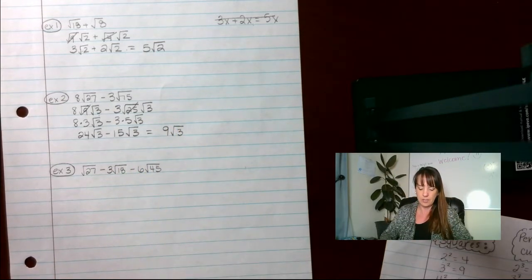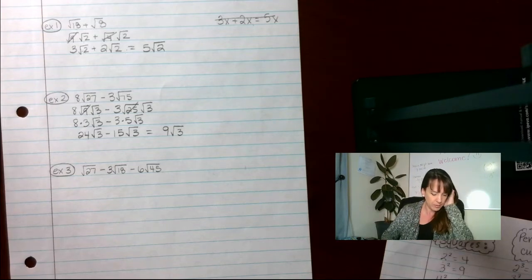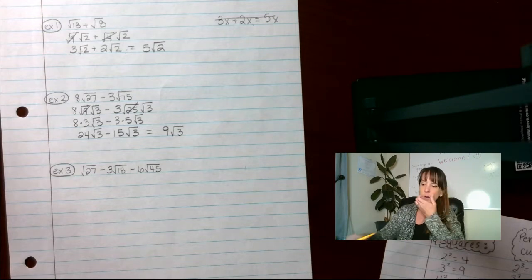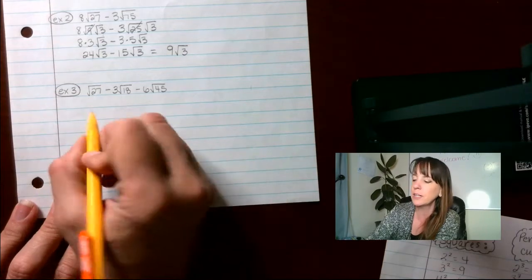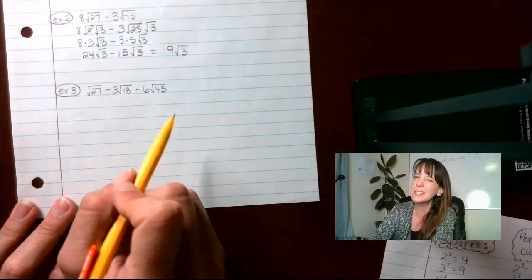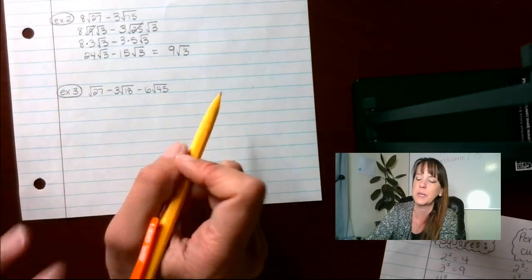Okay, I jumped around in this one, so I want to make sure I've got everything. Okay, yep. So this next one, same idea here. We want to find our perfect squares that are hidden in there. We just did 27 up here. You'll start to see a lot of these that they start to repeat and you just memorize them.